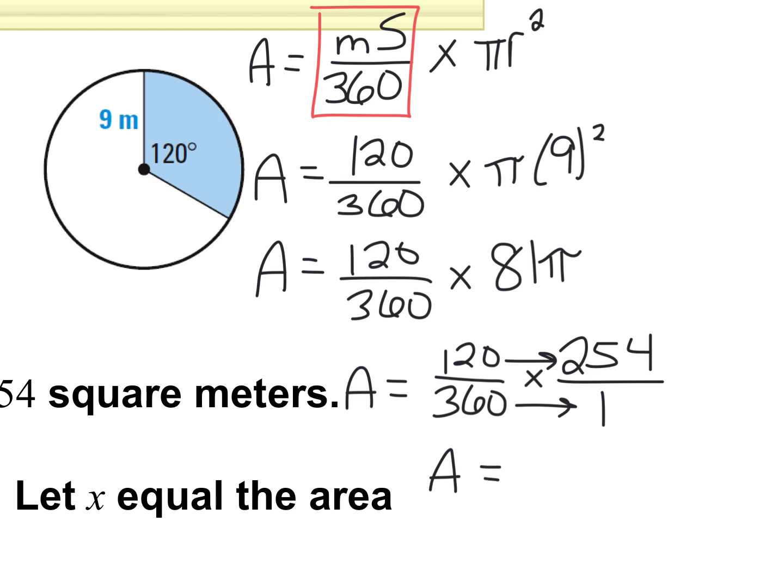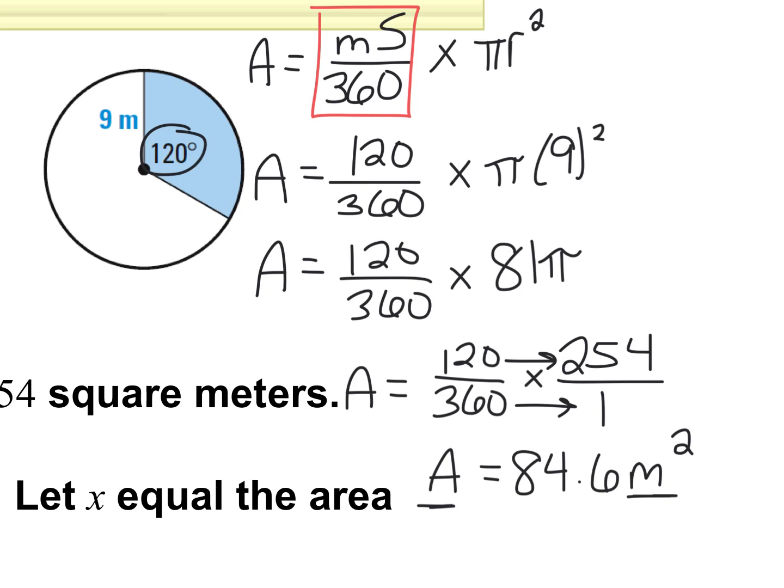Does anyone have that? 84.6. What would my label be? What are we looking for? We're looking for area, so it needs meters squared. Since it's area, remember we want squared for our label.